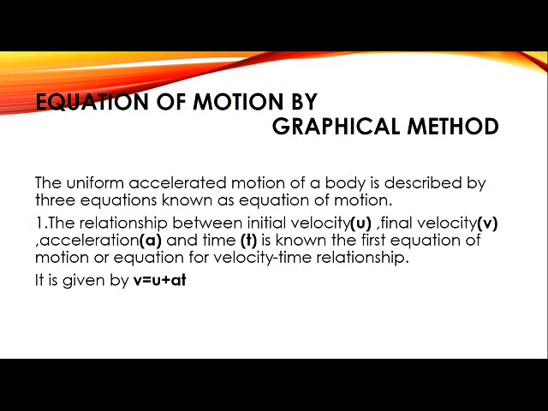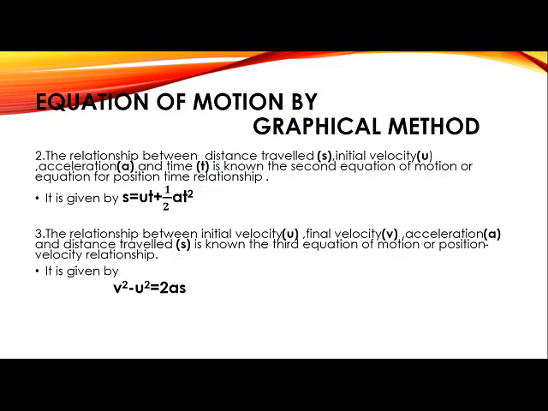Initial velocity means the velocity by which an object is moving in the given time. Final velocity means after the completion of that particular time t, what is the velocity? That is the final velocity. Rate of change of velocity is known as acceleration. t is the time.